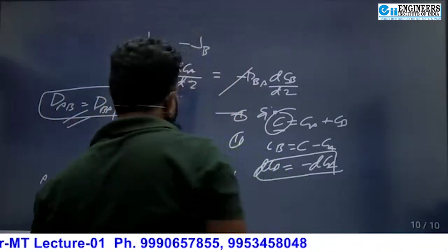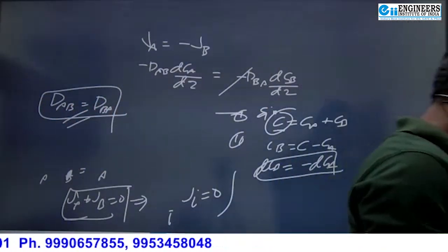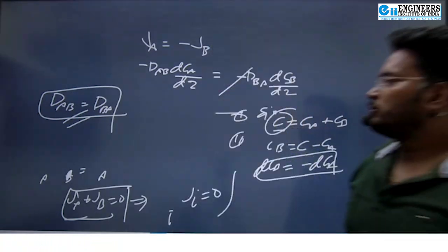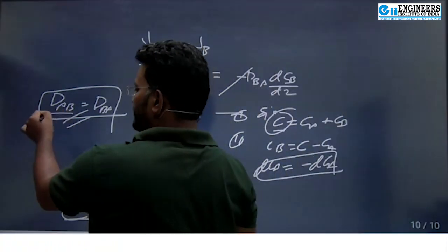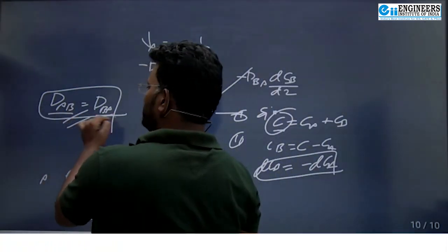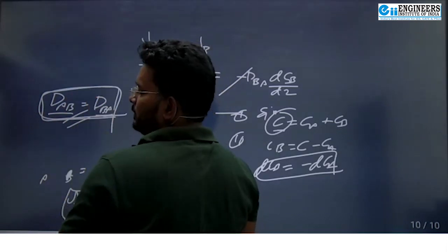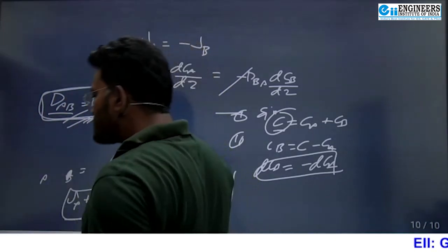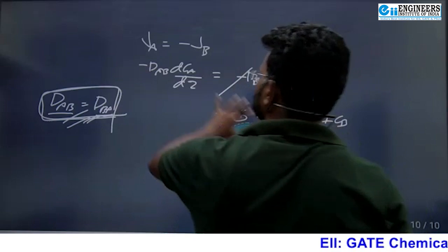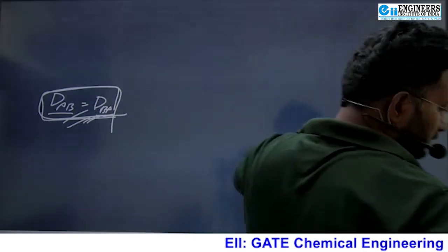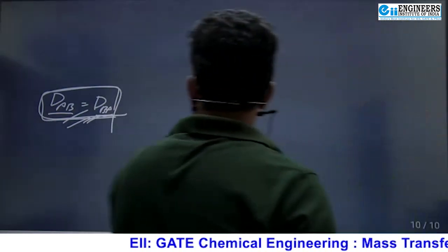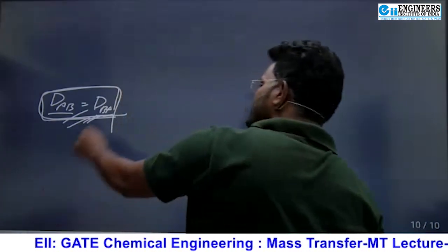That is, binary diffusivity of A in B equals B in A. Is this correct? So the diffusivity of A in B equals that of B in A, and that is only for binary mixture. These two results are very, very important.